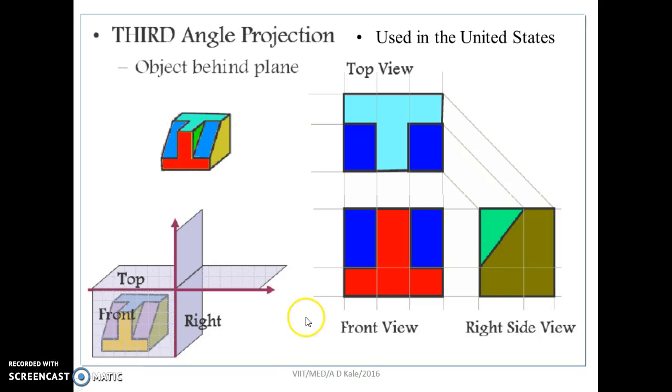The position of the observer is the same here, indicated by the arrow, and therefore the transparent plane will come in between the object and the observer when the observer observes it either from the front side or from the top side. And we get the front view as well as the right hand side view below the XY line and the top view above the XY line.